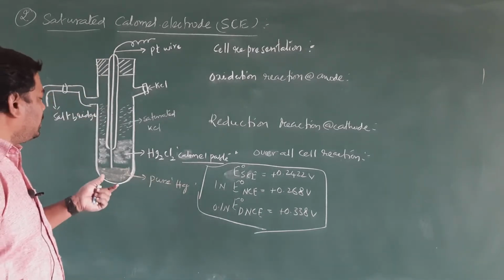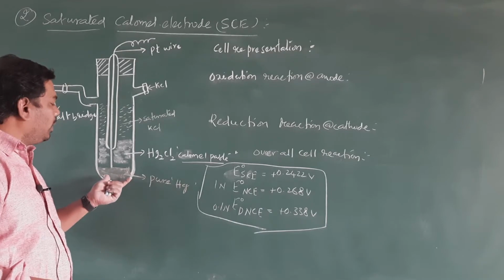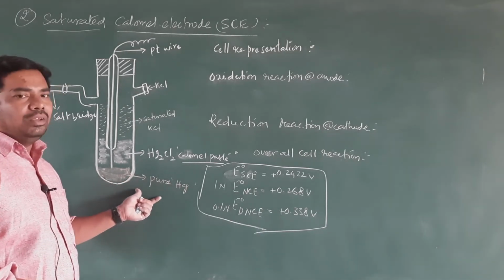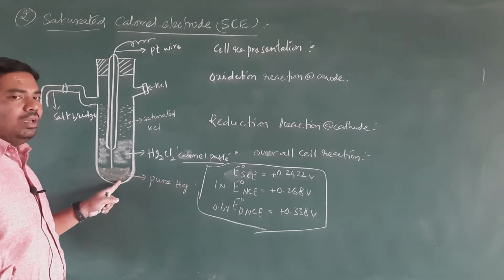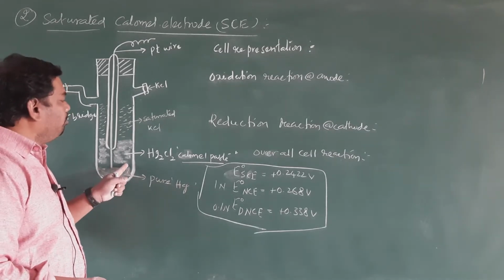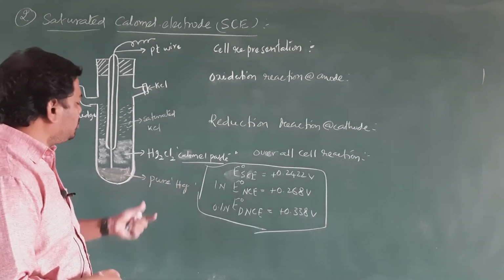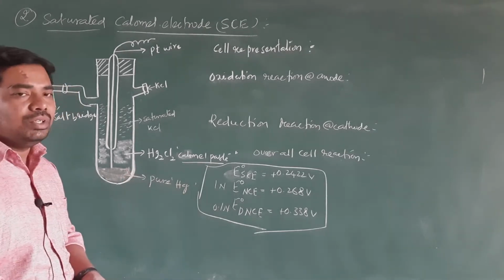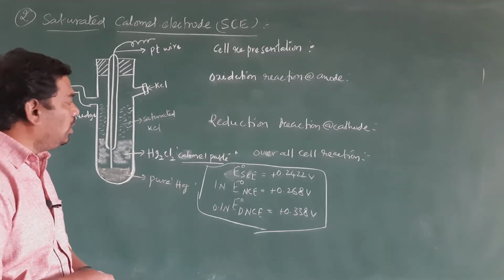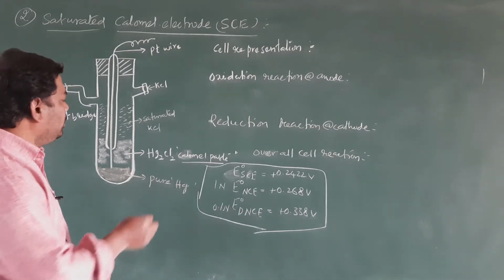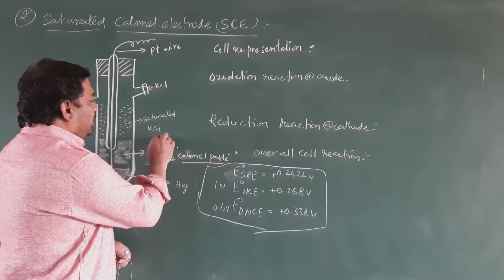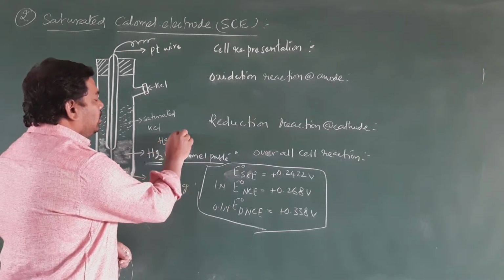Here you can see in this glass tube, at the bottom of the glass tube we are taking pure mercury. This pure mercury is covered with mercurous chloride, which we call calomel paste. Mercurous chloride is not monomeric, it is a dimeric molecule which has a metal-metal bond.